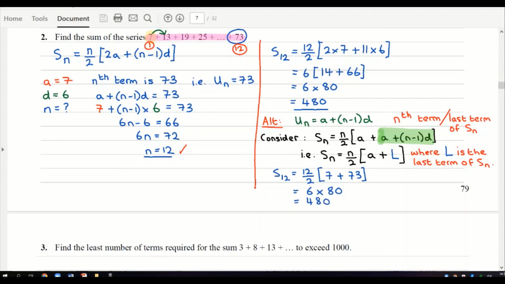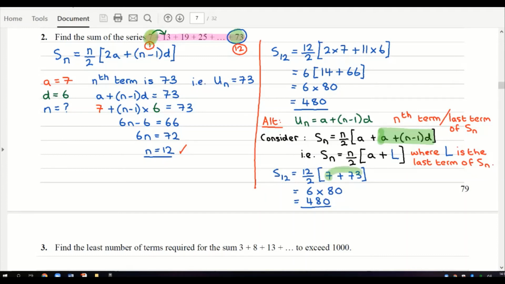Now, I've said this is a bit of extra information. It's not strictly the case, because if you remember right back at the beginning, we actually worked out the sum of the series using both the first term and the last term. All right, that's how we did it. We added this number 7 to the 73. We multiplied it by how many terms there are in the series.